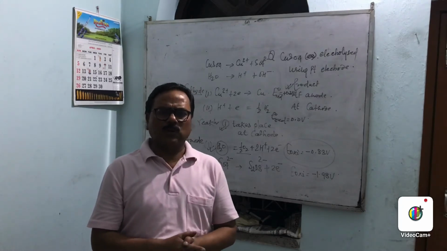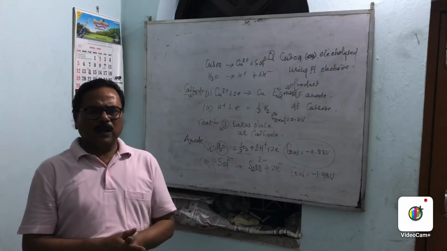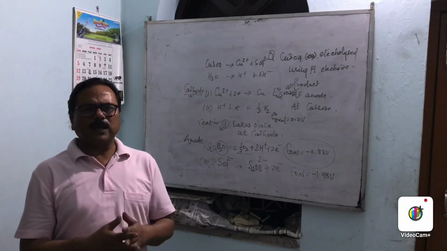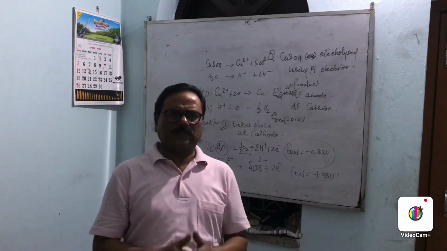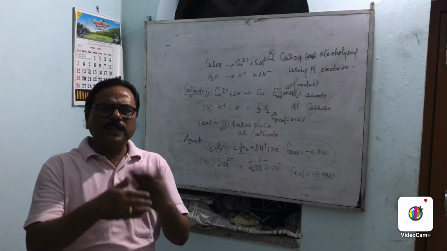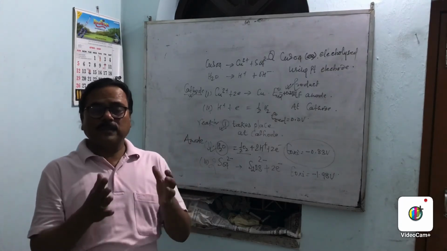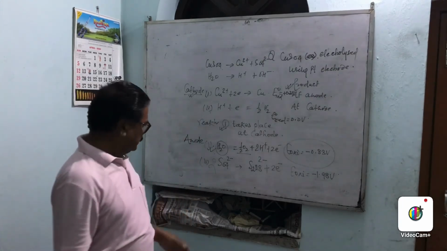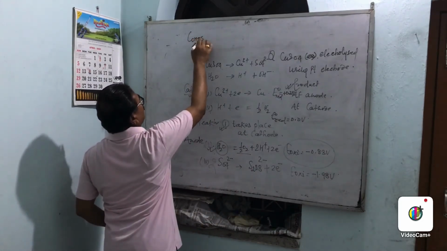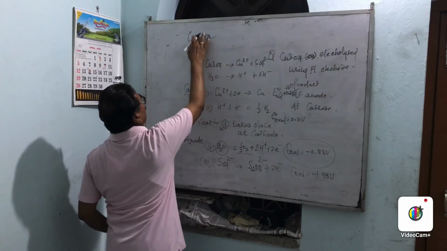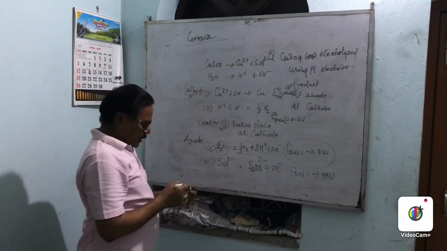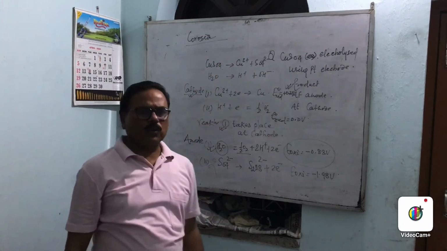In another topic we can discuss it in detail, or we can simply finish it today, because corrosion is the process of eating away of a metal when impurities come in contact with it. So the eating away of a metal is known as corrosion.